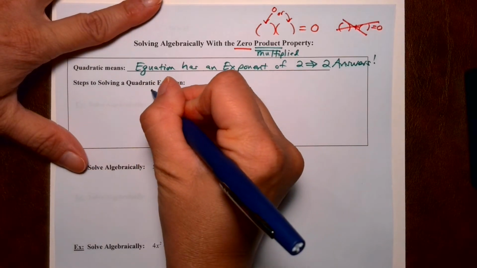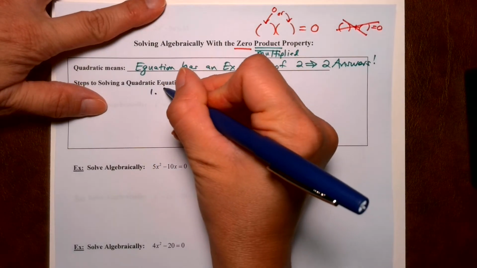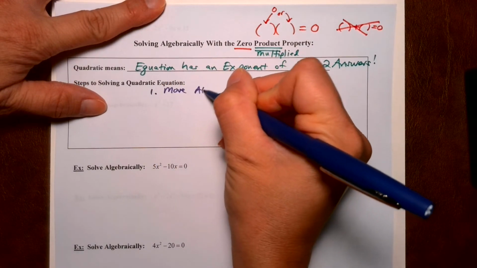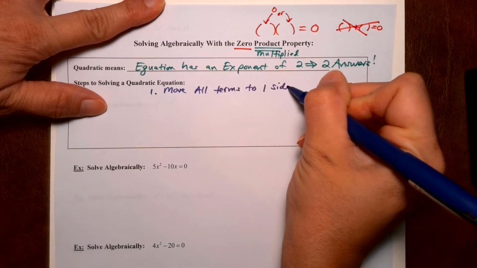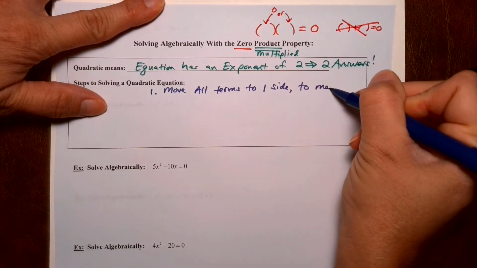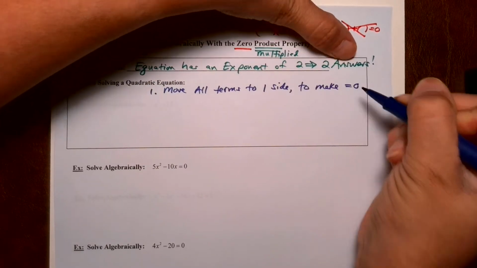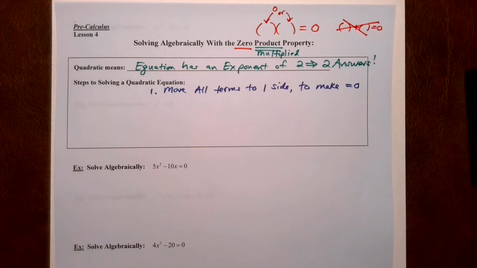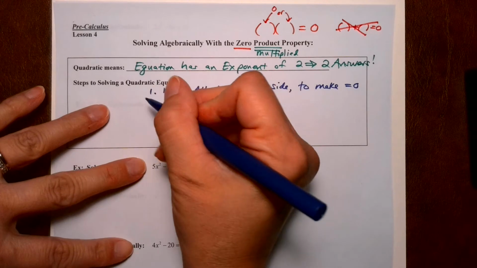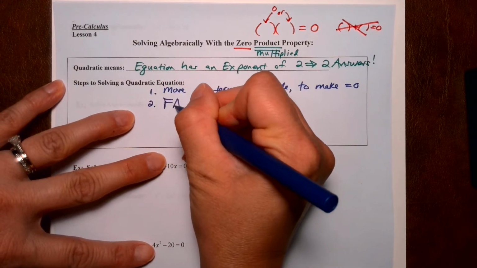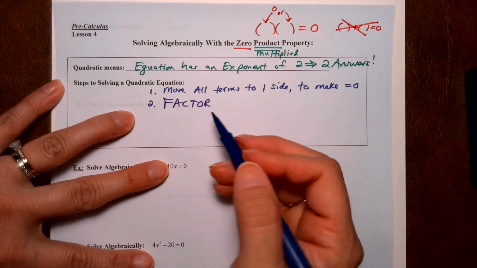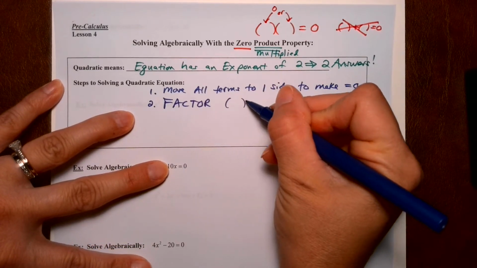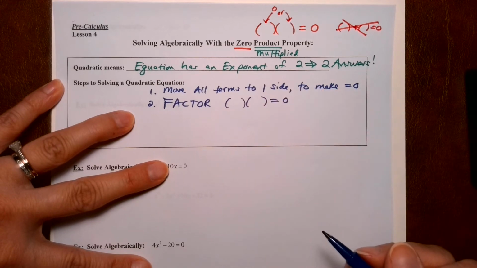Number 1, the most important step, is you move all terms to one side to make the equation equal 0. Everything has to get over to one side. If you have terms on the left side and the right side, move everybody over. Step 2, you factor the equation into a product so that it's something times something equals 0.